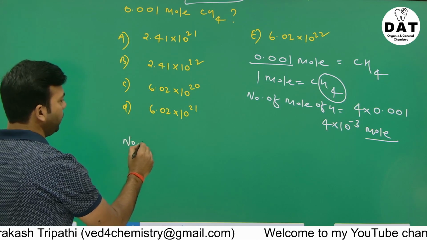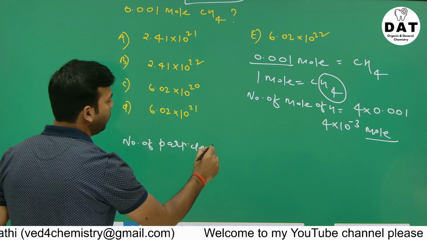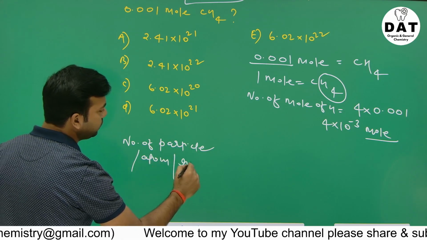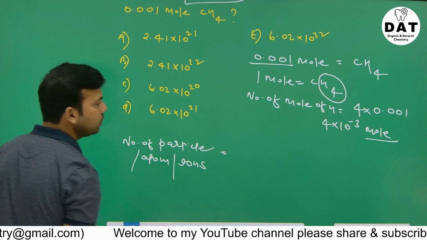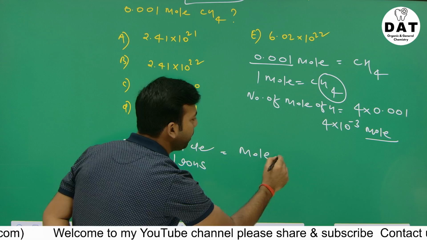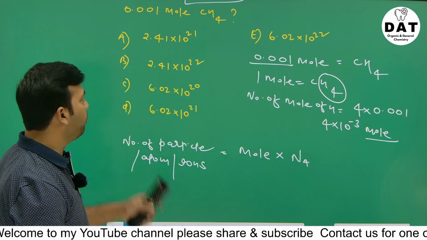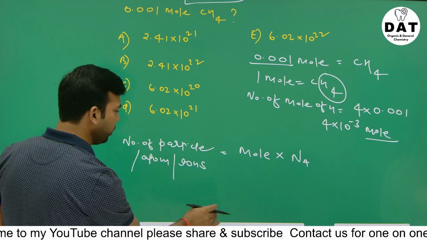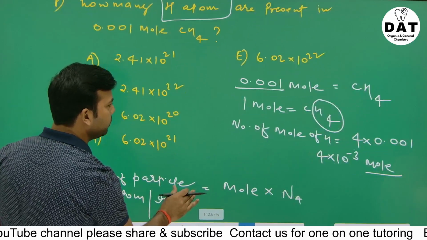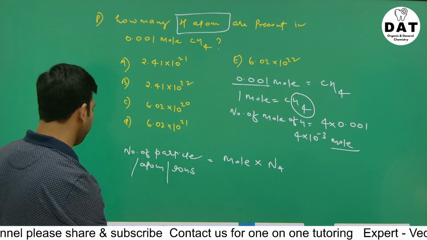Number of particles, number of atoms, ions is what? Just multiply mole with Avogadro number. Clear? So it is talking about number of hydrogen atoms.